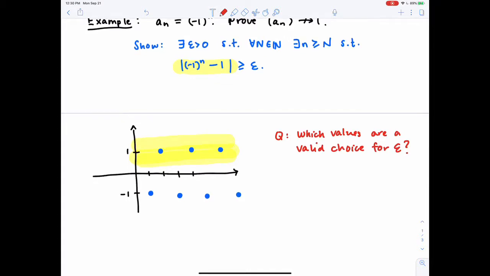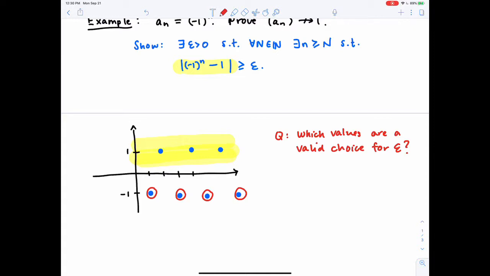If you take a look here at how I've drawn my epsilon band, all of our outliers, the points that aren't in the band, are these numbers that evaluate to -1. So they're all the odd indexed values in my sequence. Now, if I'm going to guarantee that I have outliers, epsilon cannot include those outliers.